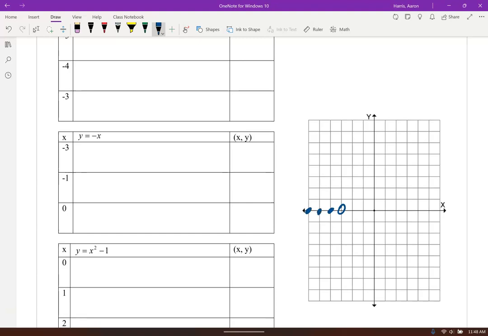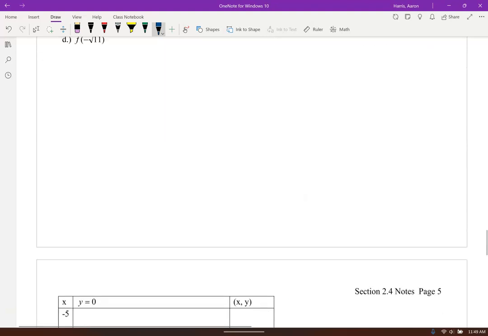Negative 5, 0. Negative 6, 0. So this is just that part. Whoops, I didn't draw that very well. Straight out to the left. It's that part of the line y equals 0, not including negative 3, 0. Everything to the left of that. Okay, that's the first one.